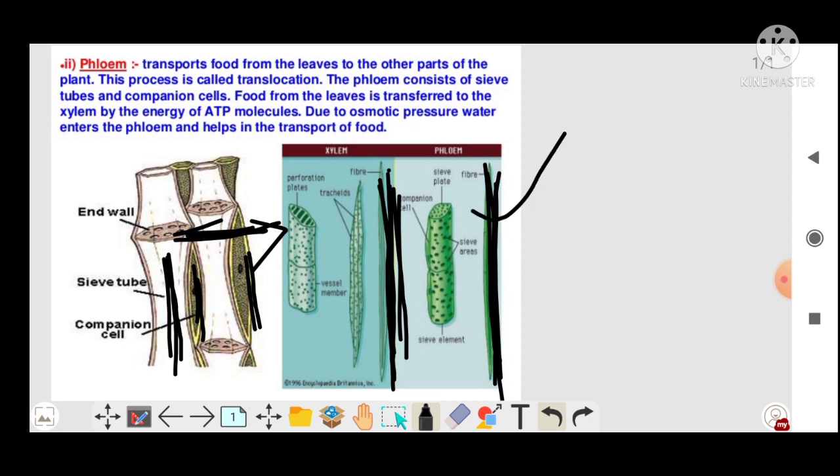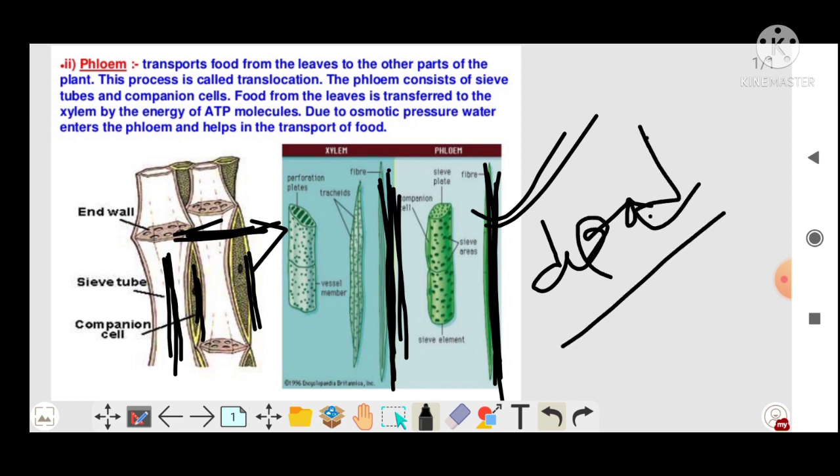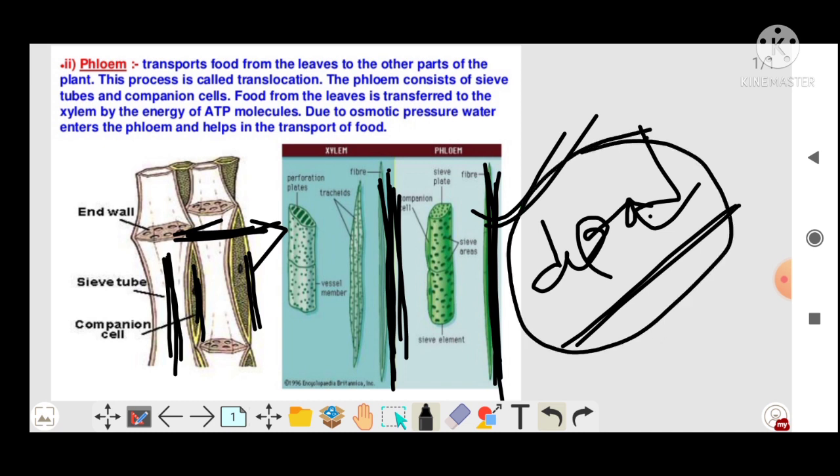This phloem fiber is dead. Only one part of phloem is dead, that is phloem fiber, and all the three parts like sieve tube, companion cells and sieve plate are living parts.